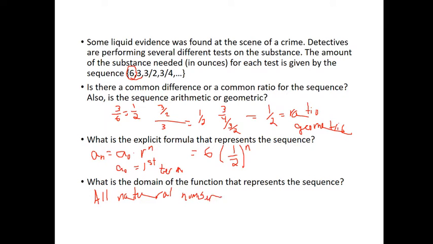Natural numbers are the counting numbers, including the 0. So it'll be 0, 1, 2, 3, and so on. So natural numbers, and you have to include 0 as well.